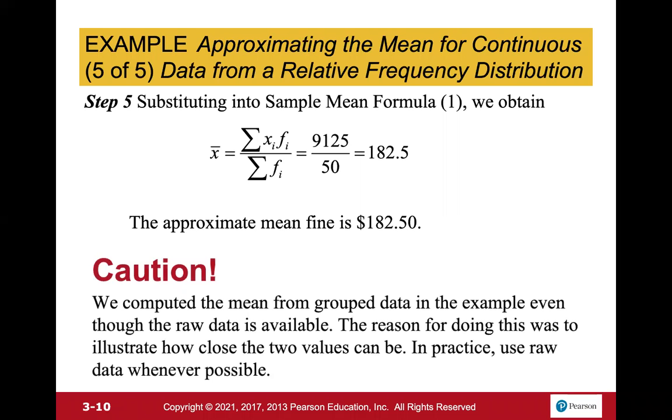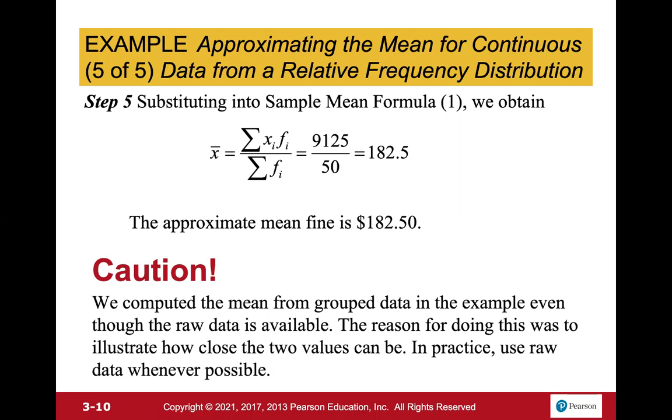All right, caution. So we computed the mean from grouped data in the example, even though the raw data is available right now, unless we go back and look for the section that we first worked on, and we find the data from that section, then we do all that. We could compare it, but it's going to be a little bit different from that data. It's going to be off by, I'm not exactly sure how much, but it's going to be off.